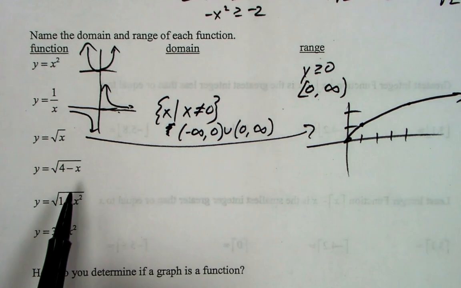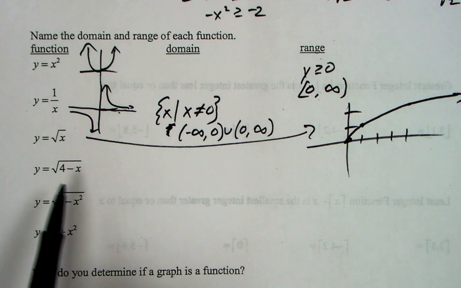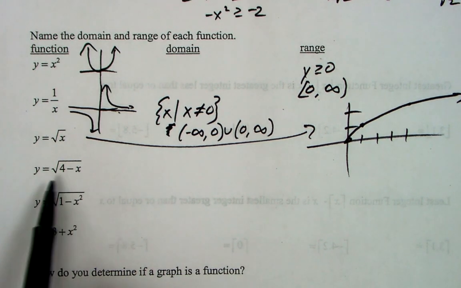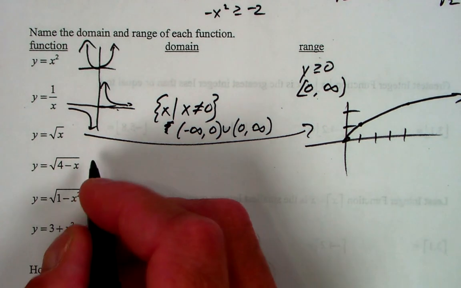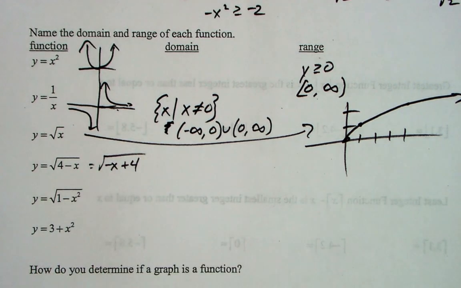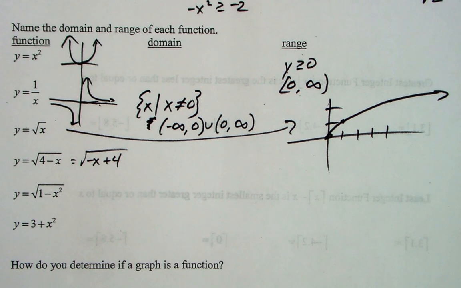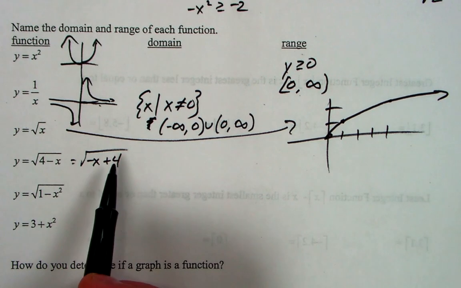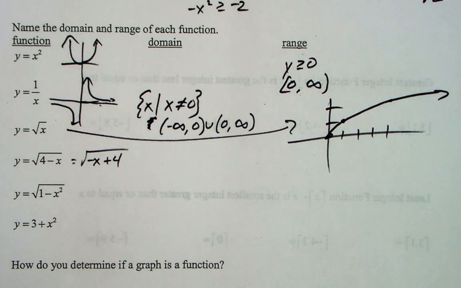Okay. And now using the information that we've done with the last section, we can even do this one pretty nicely. If we rewrite that, square root of negative x plus 4, we could look at this a couple different ways. We're going to flip it over the y-axis, and then we're going to slide it. But this is one where it gets a little bit confusing because of the order of operations inside.